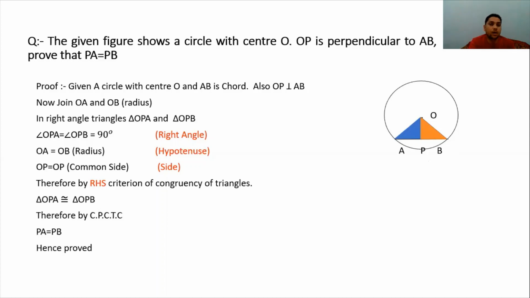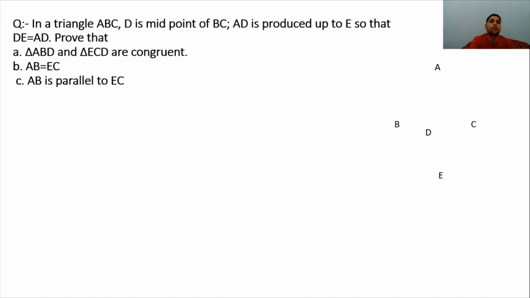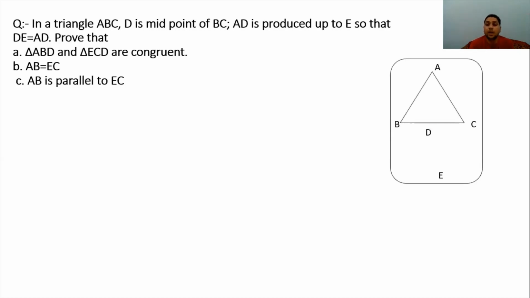Now next we have another category of question. In triangle ABC, D is a midpoint of BC. We have triangle ABC and D is a midpoint of this side BC. When we draw AD and produce it toward E, a condition is given that DE is equal to AD.